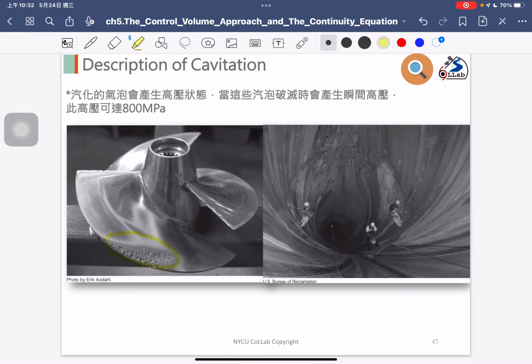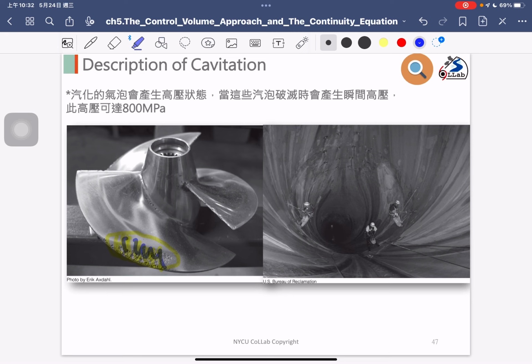As you can see, the fan surface will have some holes. It's caused sometimes by a higher rotational speed, which causes a lower pressure environment, and then the liquid becomes bubbles. When the bubbles break, they induce higher pressure that destroys the infrastructure surface.